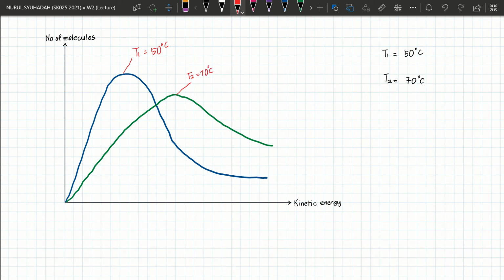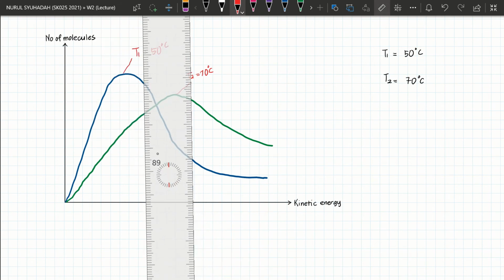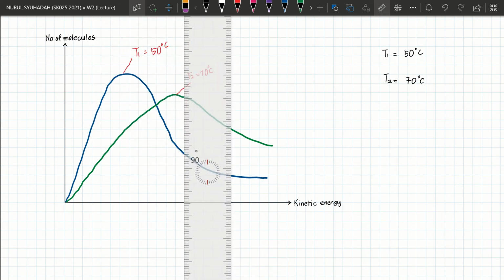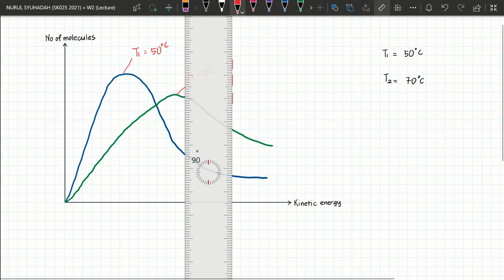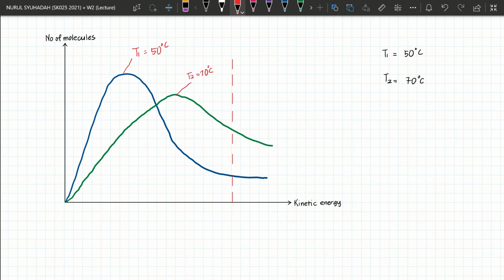You need to label it like that. After that, you label the activation energy. For the activation energy, you draw one line over here, like this, and then label it as EA.